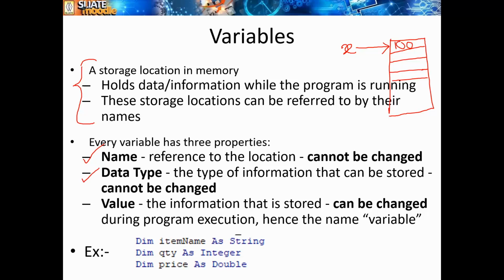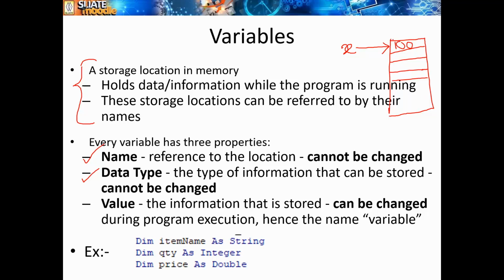Data type usually refers to what kind of data we are going to store within this location. There are different types of data, you know: for numbers, for letters, for currency values and so on. There are numbers with decimal points. Likewise, we have different types of data that can be stored within this computer memory.